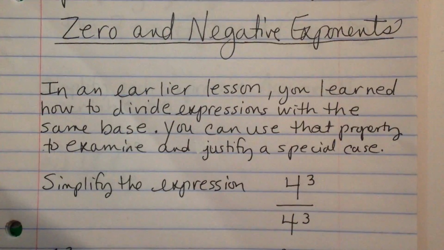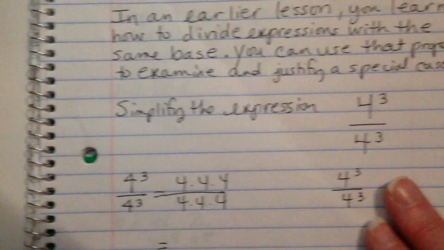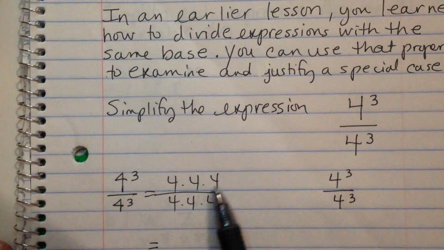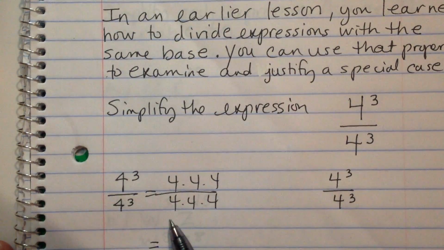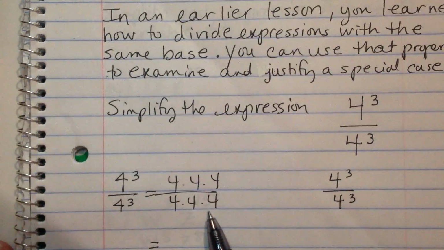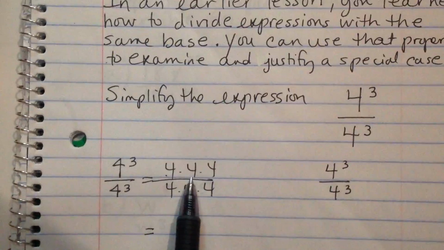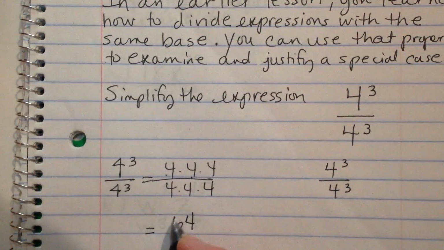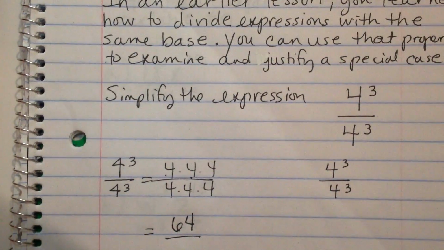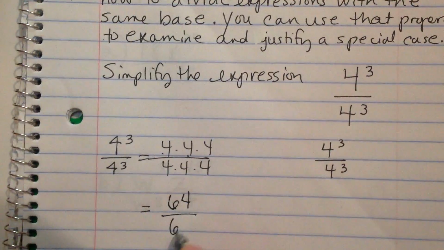Now, you can also look at it as 4 to the third means 4 times 4 times 4, and 4 to the third also means 4 times 4 times 4. If you multiply 4 times 4, you get 16. 16 times 4 is 64, divided by 4 times 4 is 16, times 4 is 64.